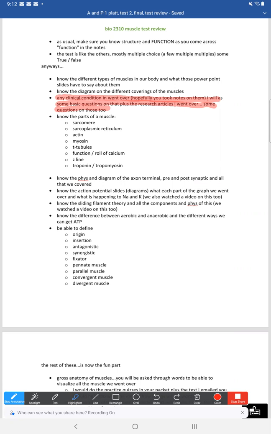Like one of the research articles we talked about was core stability. And these researchers tested hundreds and thousands of people over the course of time. And these people had chronic low back pain. And they did MRIs and CT scans and all these cool electrical analysis of the muscles and all that.